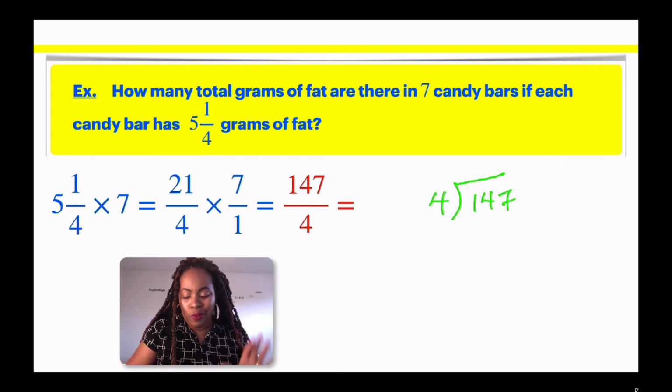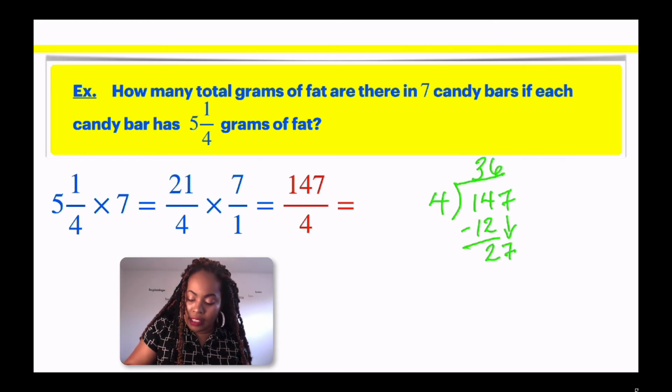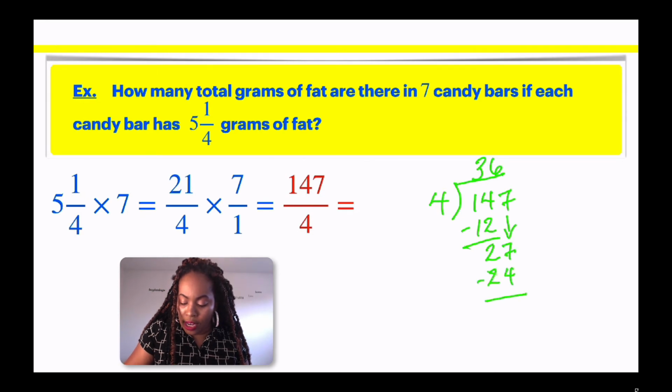4 goes into 1. Well, it doesn't. So 4 goes into 14 3 times, and that's 12. You're going to subtract. You get 2. You bring down your 7. 4 goes into 27 6 times. 6 times 4 is 24. Now we can subtract again. We see that our remainder is 3.